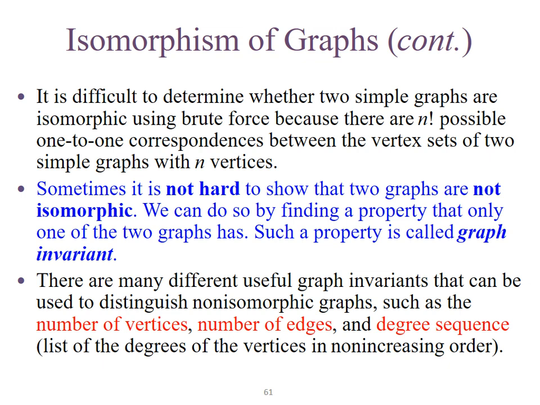If these two graphs have a different number of vertices, you cannot switch the pins and rubber bands to make them the same. So if the number of vertices is different, then it's not an isomorphic graph. So does the number of edges or the degree sequence. The degree sequence is the degrees of all vertices, sorted in non-increasing order. Then you can check whether the degree sequences of the two graphs are the same or not.